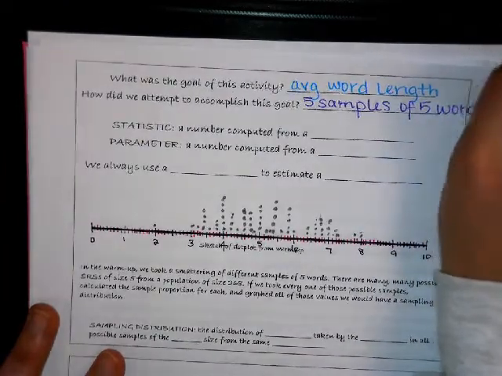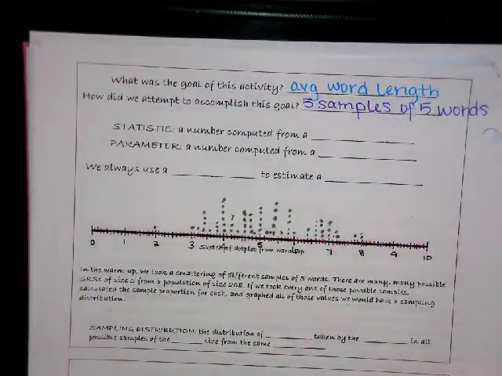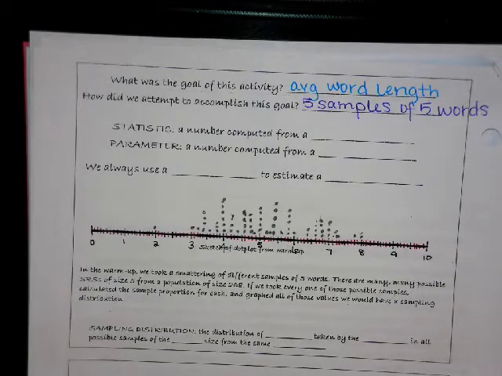So, some semi-new words, terminology. A statistic is a number that is computed from a sample.